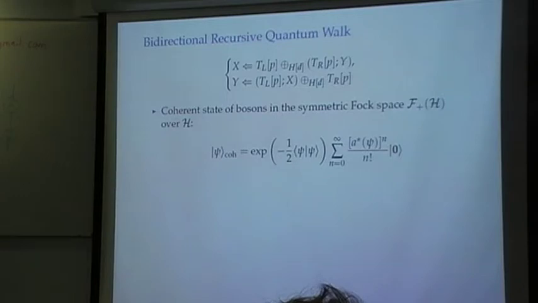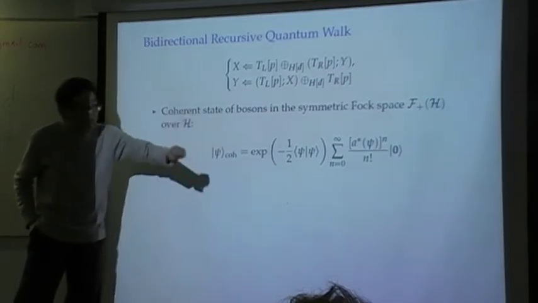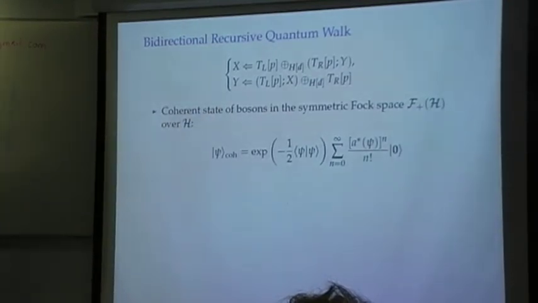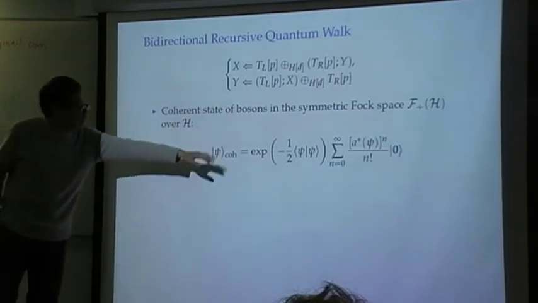Now we see what the principal system semantics is if the coin is initialized in the coherent state of a boson. So here we only consider the bosonic recursion. For any state psi in H, the state space of a single particle, the corresponding coherent state is defined in this way.